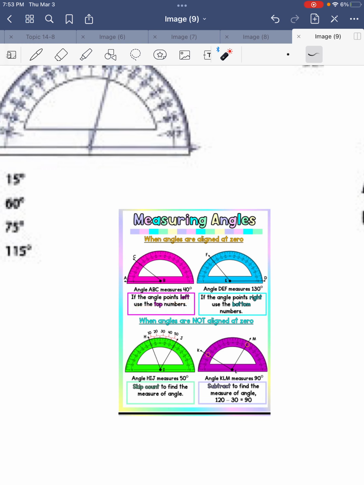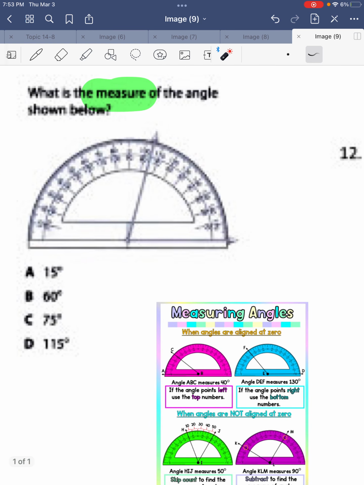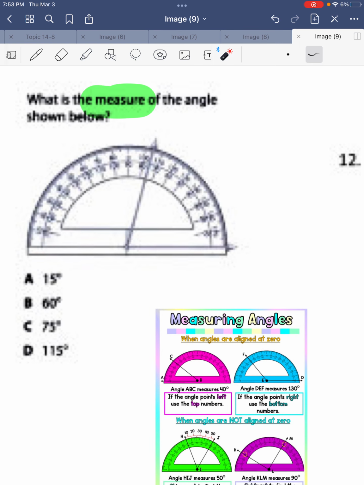If the angle points right, use the bottom numbers. So remember, like I said, we count by tens. You count the long lines. If your arrow ends up in between 2 long lines, then you count it as a 5.